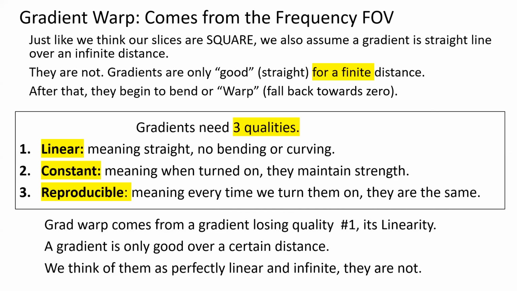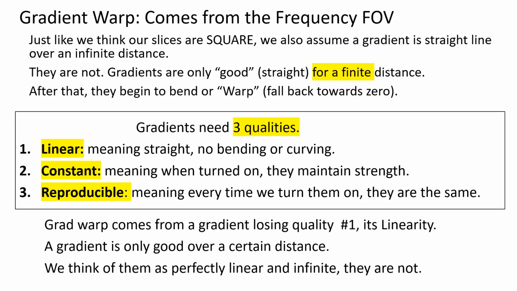Linear means straight or no bending and no curving. So when you turn on a gradient, we assume it's perfectly straight over a distance. It's constant, meaning when you turn it on, it stays on and doesn't falter in strength. And reproducible, every time you turn it on, it comes back on the same strength.